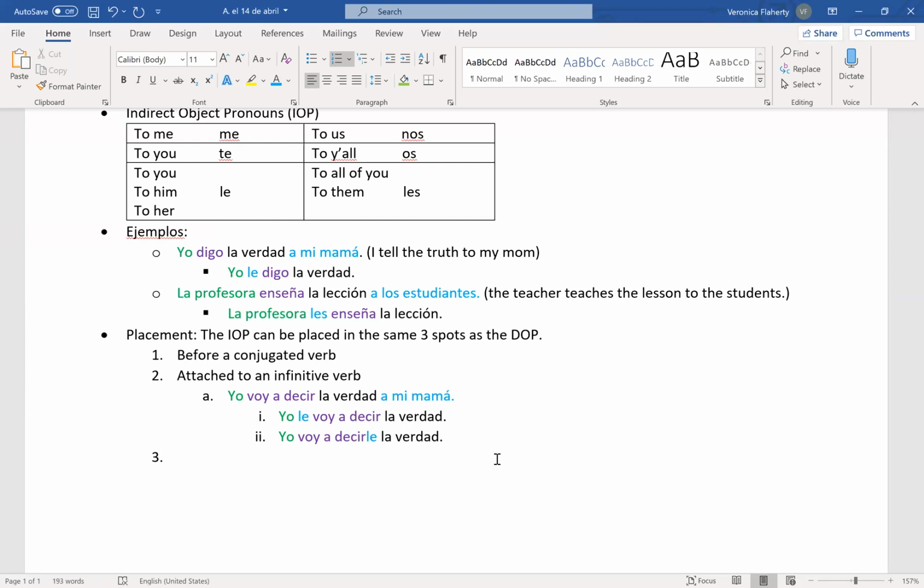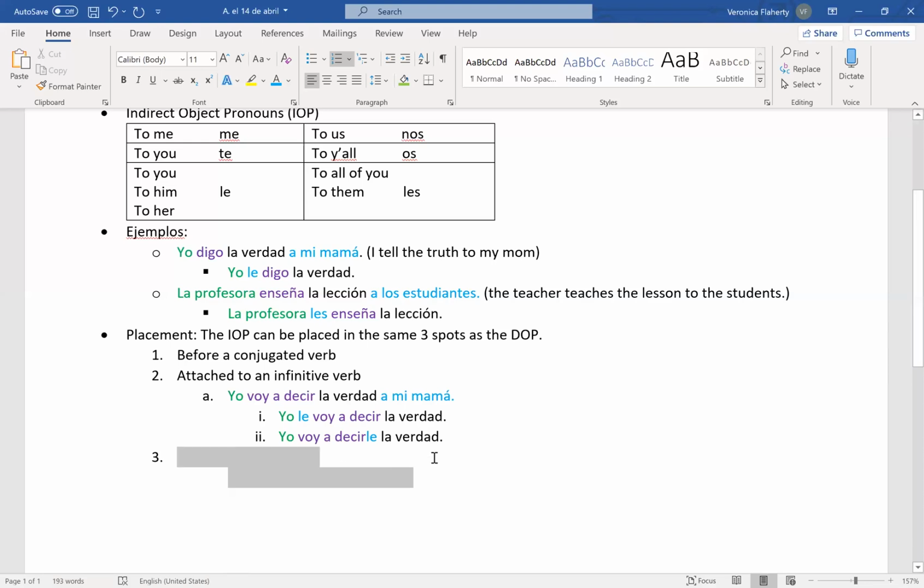You can put them in either place, le voy or decirle. Okay, when you're writing these, do you need to be able to do both of these things? Or is one good enough? Yeah, one is good enough, but you have to be able to recognize both, which is why I'm showing you both.